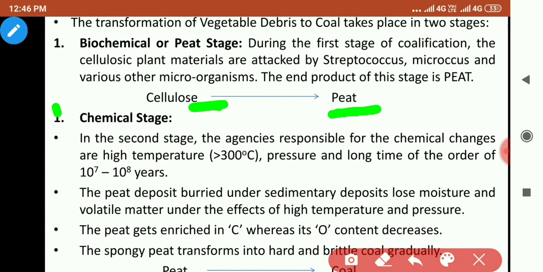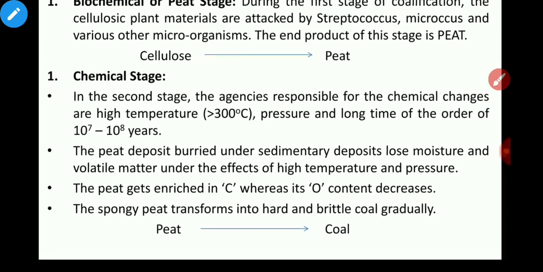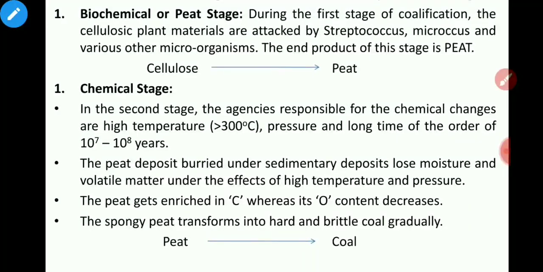Now the second stage is known as the chemical stage. In this stage, the most important factors are chemical changes that are due to high temperature, high pressure, and a long time of the order of 10 to the power 7 to 10 to the power 8 years. During this period, there is a chemical change in the peat.